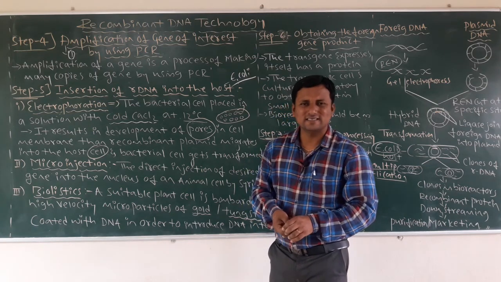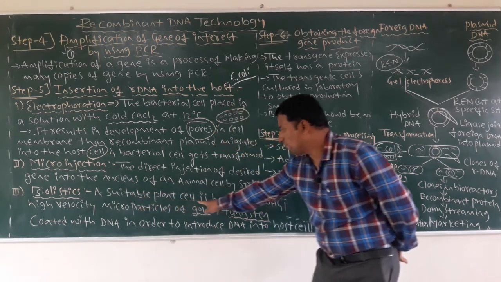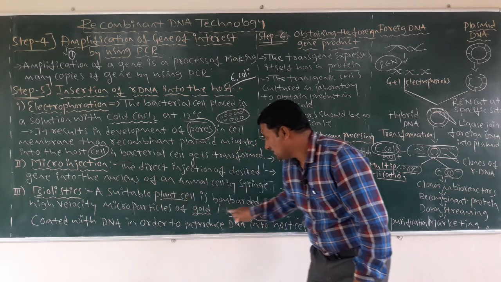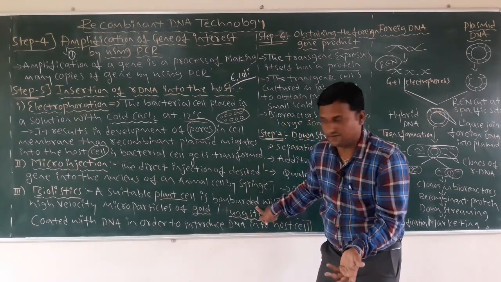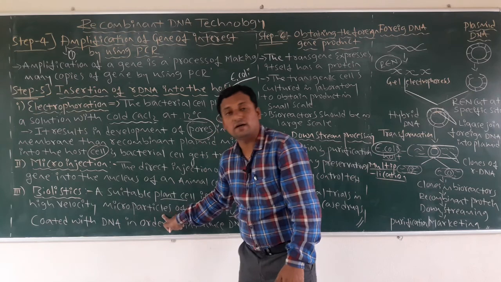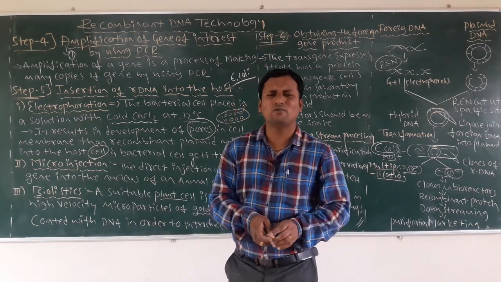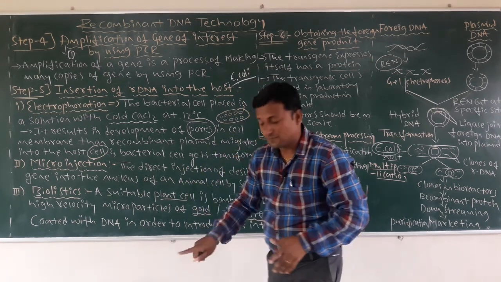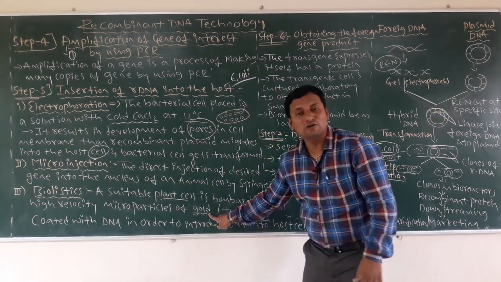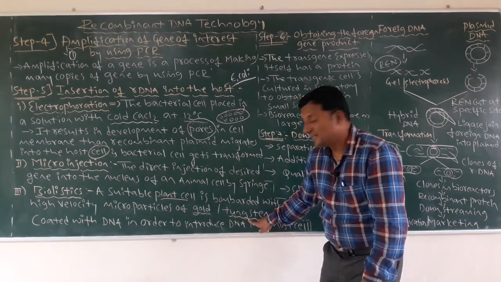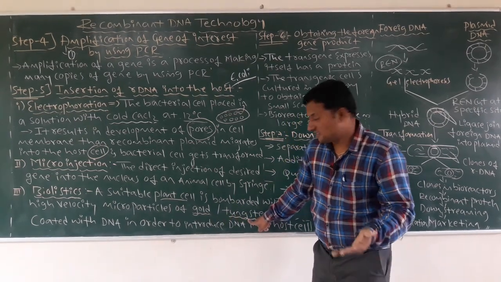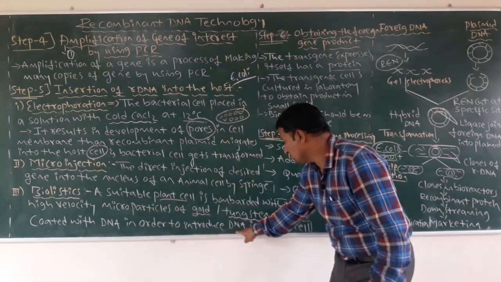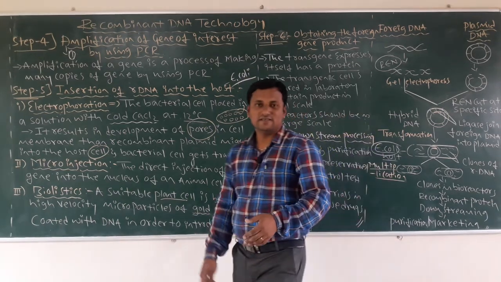Then comes another method that we call biolistics. What is biolistics? A suitable plant cell is bombarded with high velocity microparticles. Here we are using high velocity microparticles. Those microparticles are nothing but gold, or you can use tungsten. These can be coated with DNA in order to introduce DNA into the host cell.